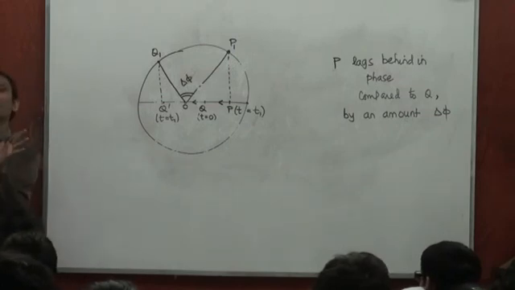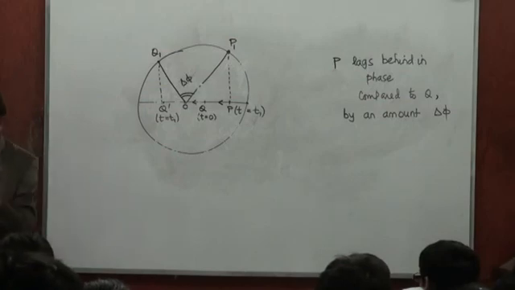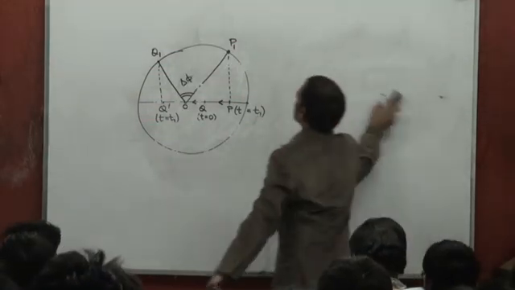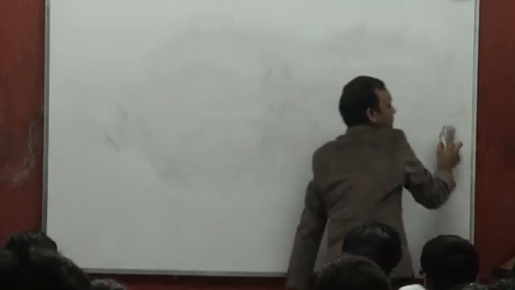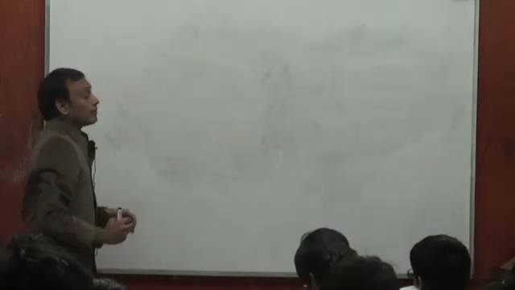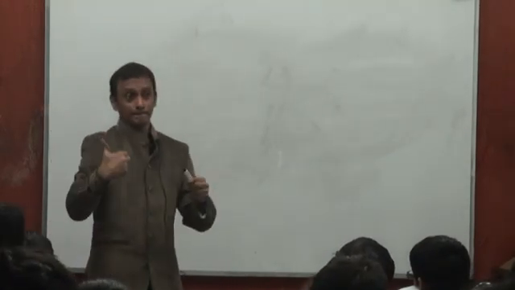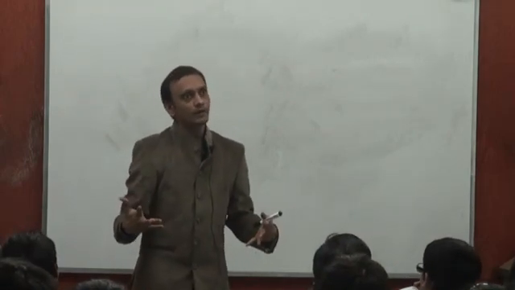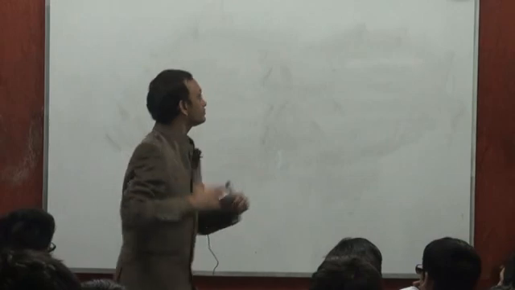Now once you've identified the phase difference between the two oscillators, say P lagging behind in phase by an amount delta phi compared to Q, then if I describe the motion of Q, I started with Q, right? Q was ahead in phase compared to P by an amount delta phi. And I said, well, the motion of P is simple harmonic with amplitude A and angular frequency omega, right?